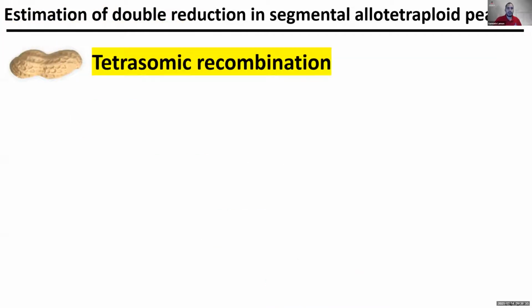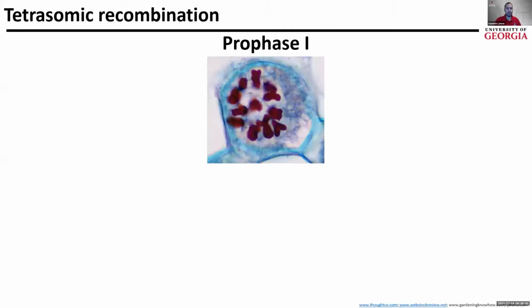And so tetrasomic recombination, what is tetrasomic recombination? Tetrasomic recombination is something that happens during prophase I of meiosis. This phase, prophase I, is the phase where the chromosomes condense and we have the pairing of the homologous chromosomes and the recombination of the genetic material. So in polyploid species, there are two main models during this phase for recombination.